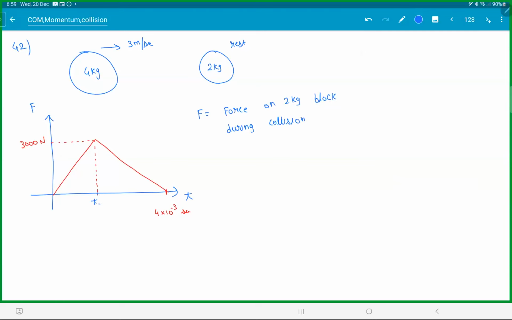Let's call this time T naught. The first one, find the coefficient of restitution. Find T naught. T naught is the time when the force reaches peak value. Indirectly, he's saying it's maximum deformation, which you need to figure out. Both these balls are in contact for this much time, 4 milliseconds, meaning the collision gets completed in this much time.